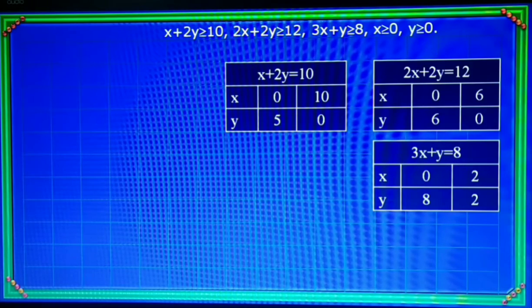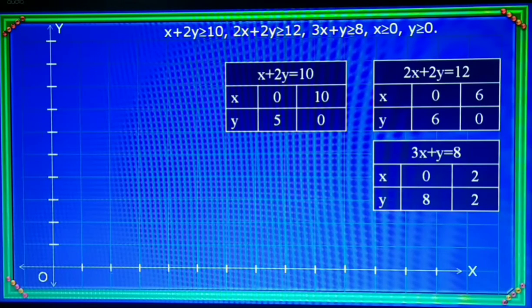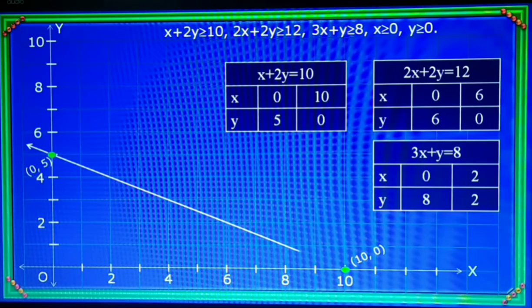So we have got 6 points. Mark them and draw a line through those 2 points of the respective equations. Through these 2 points, draw a line.